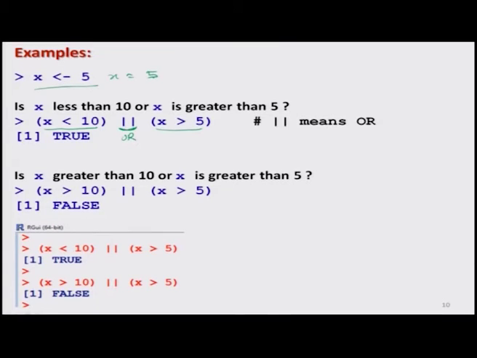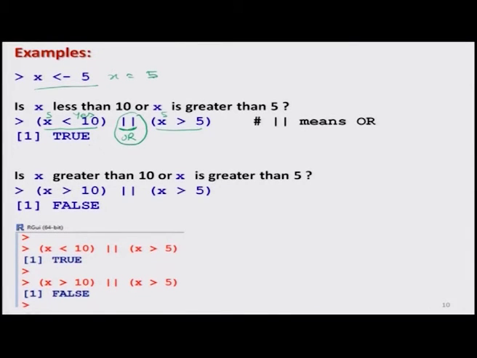So, now if you try to see, I have taken here a value of x as 5. So, 5 is less than 10, answer is yes, and 5 is greater than 5, it is not, but it is equal to 5, but here the operator is or.